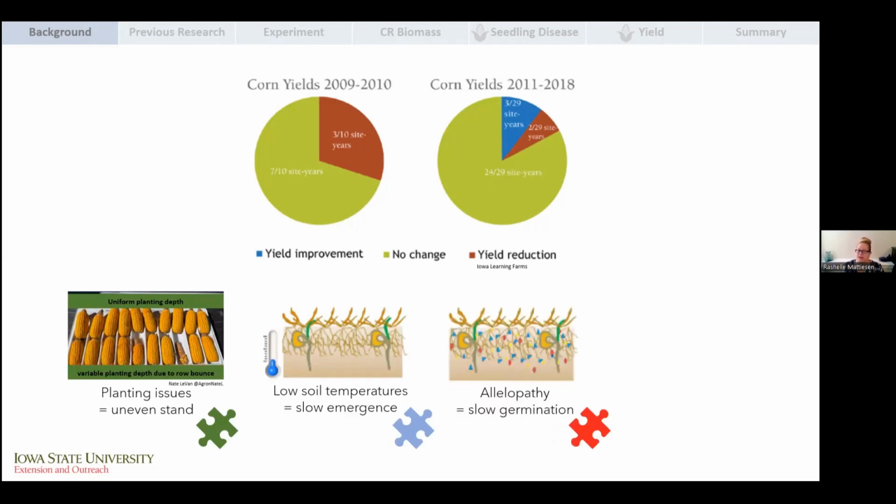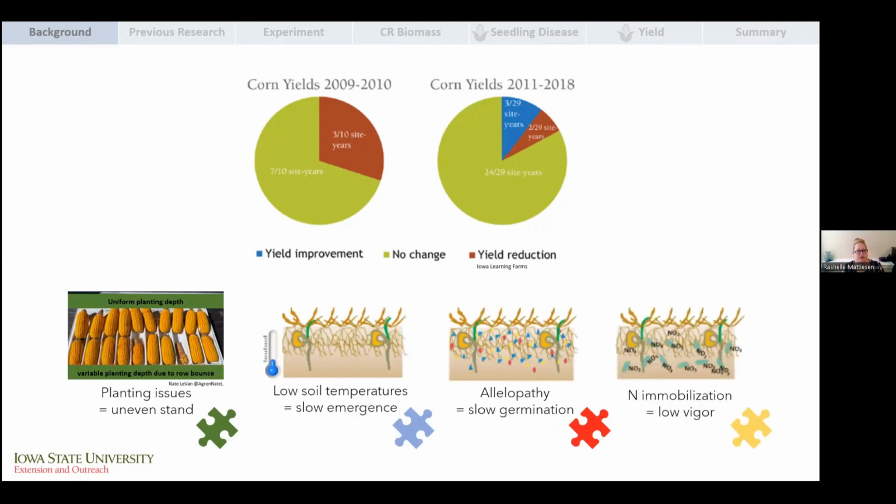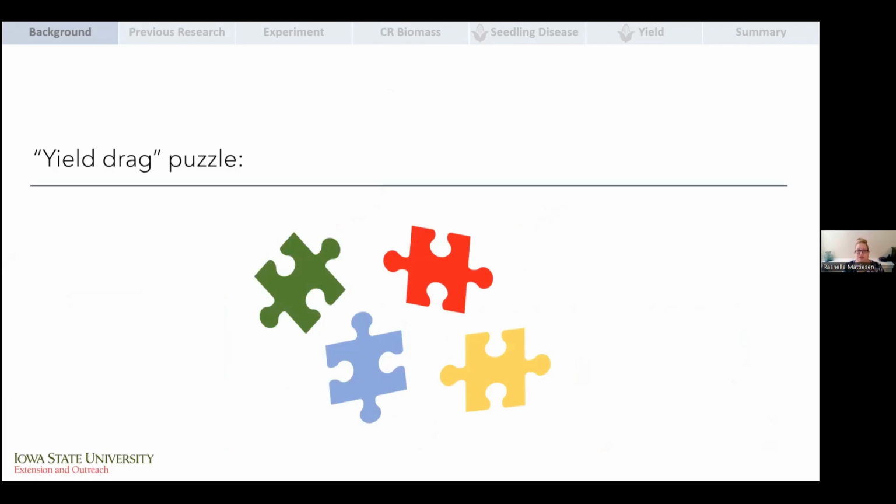You also have allelochemicals that could be coming off of that cereal rye and slowing the germination of the corn. You can have nitrogen immobilization from the cereal rye, so therefore the corn has low vigor. So there's all these pieces to the yield drag puzzle.